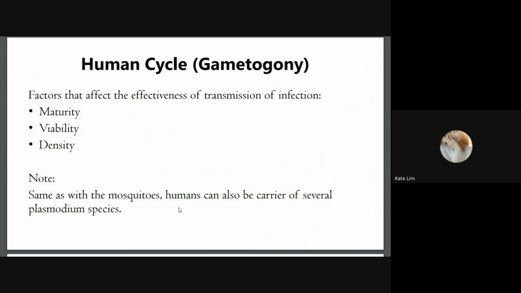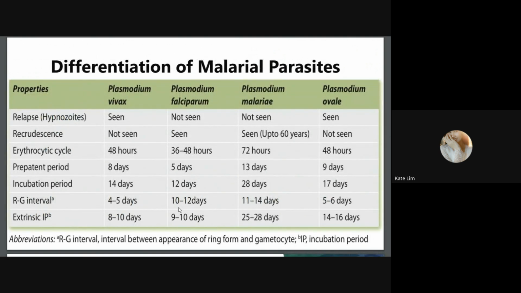So if humans can be carriers, it would be harmful to both the mosquito and the succeeding victims of these mosquitoes as well. That is why we need proper control of these parasites. It's a cycle.